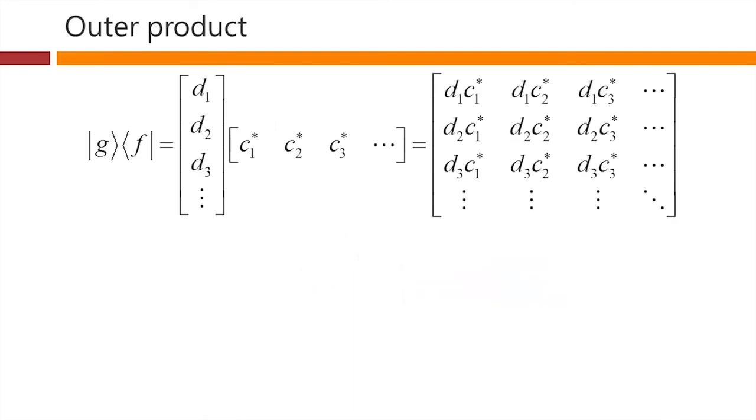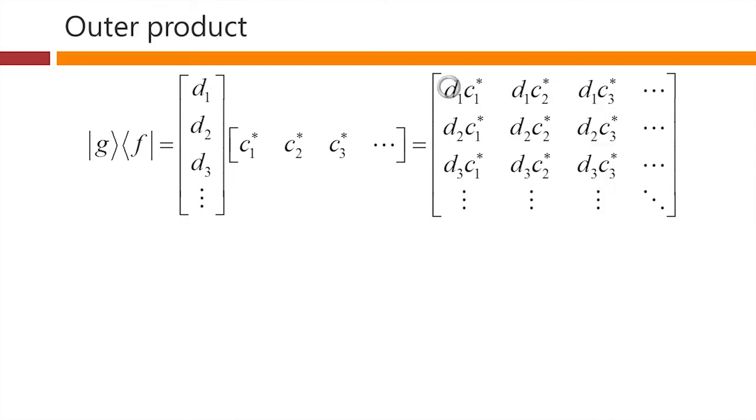So here's an example. Here's the outer product of these two vectors here. Note that we have the column vector on this side, that's the ket vector, and the row vector with the complex conjugates on this side, that's the bra vector here. And if you multiply two vectors together this way around, they generate this entire matrix.